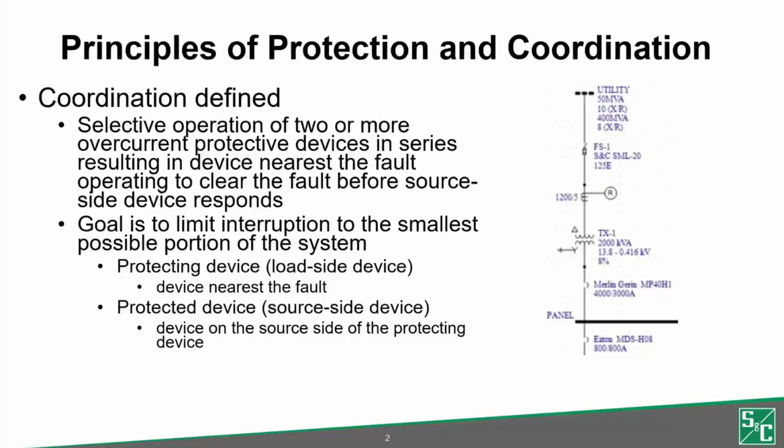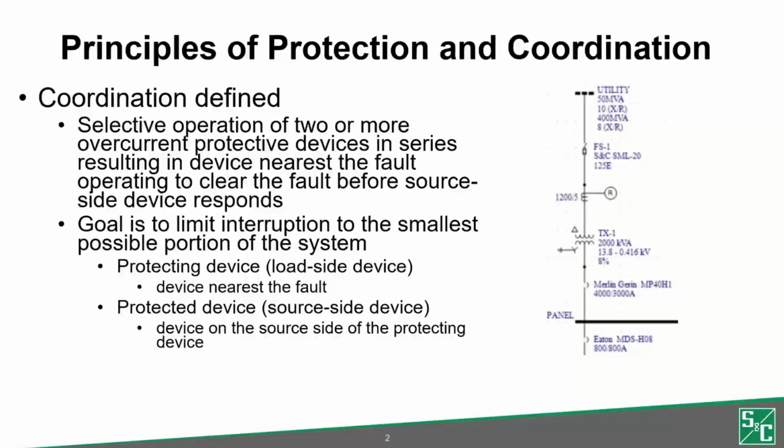Coordination itself is a state between two series overcurrent devices wherein the protector device closest to the fault operates before the protector device upstream. In properly coordinated systems with two overcurrent devices in series between a source and a fault, the device closest to the fault will operate first to trip and is called the protecting device.